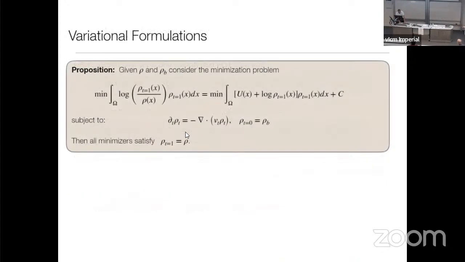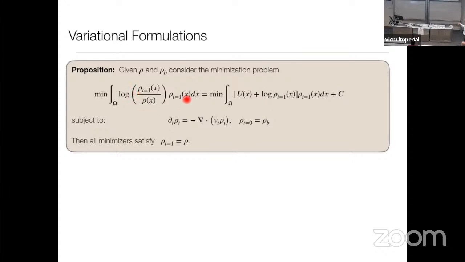Right, so you need a variational formulation, and an easy variational formulation, or the one that comes to mind, you could use other objectives, is simply to use the KL divergence of the push forward distribution by the target.